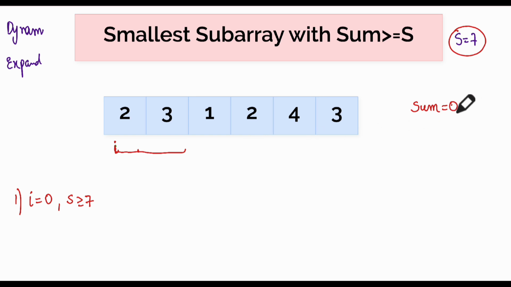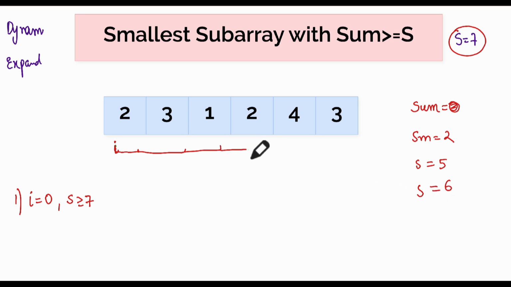So initially sum was 0, then at I equal to 0 sum was equal to 2. Then when I moved to I equal to 1, my sum became 5. It is still not 7, right? Then again when I moved here, my sum becomes 5 plus 1, 6. It is still not greater than equal to 7.